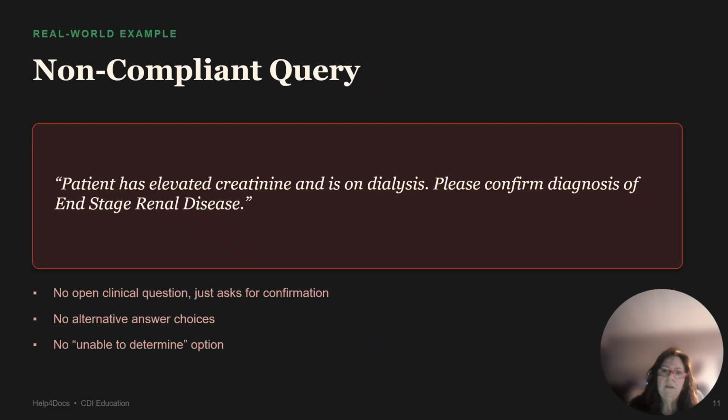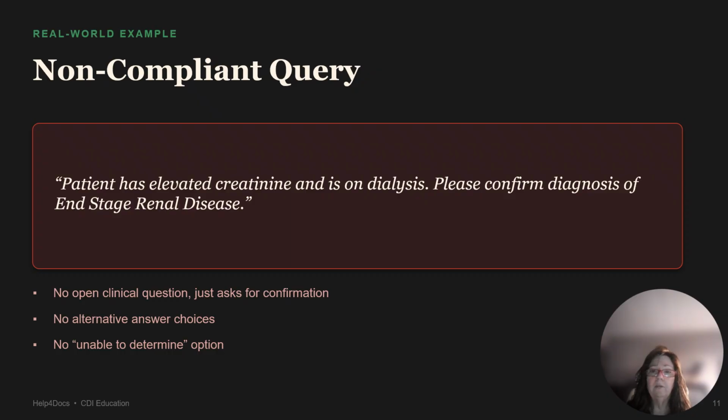Okay, so let's look at this example. This is a query that looks reasonable on the surface. The patient has elevated creatinine and is on dialysis, so please confirm diagnosis of end-stage renal disease. Let me read that again. Patient has elevated creatinine and is on dialysis. Please confirm diagnosis of end-stage renal disease.